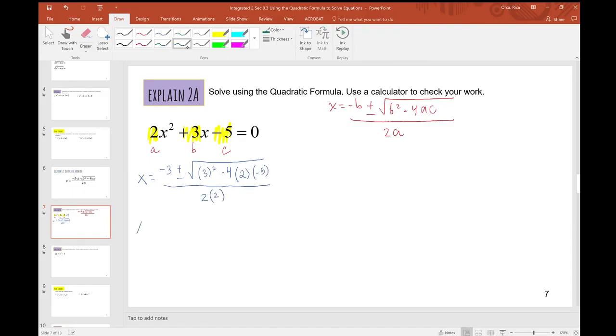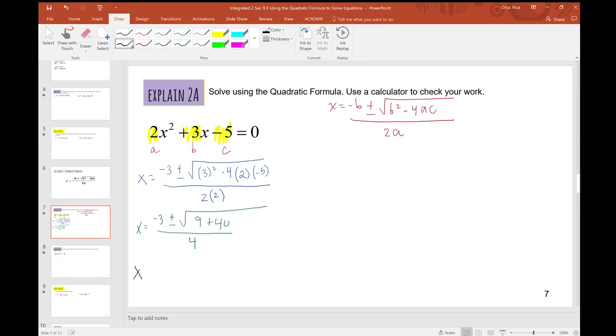Let's continue. X equals negative 3 plus or minus the square root of 3 squared is 9, negative 4 times 2 is negative 8, and negative 8 times negative 5 is positive 40, all over 4. What's neat about the quadratic formula is it works every single time.